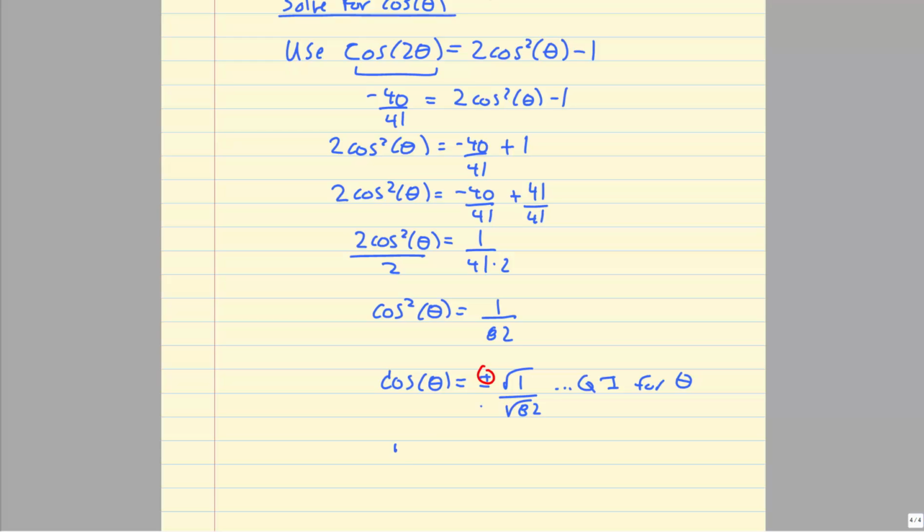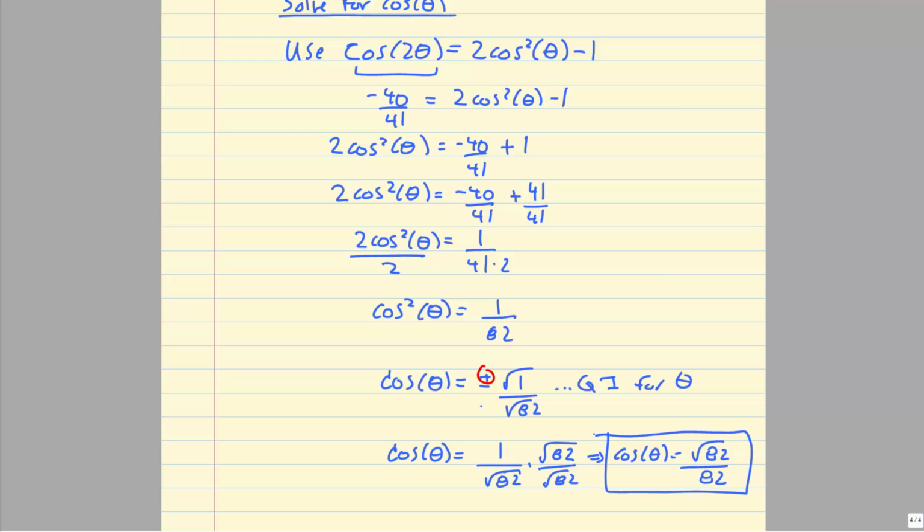So cosine of theta would be the square root of 1, which is 1, over the square root of 82. I'd rationalize that denominator, and I'd get that the cosine of theta is the square root of 82 over 82. So that's the other value that I'm looking for. So again, the cosine of theta is the positive square root of 82 over 82.